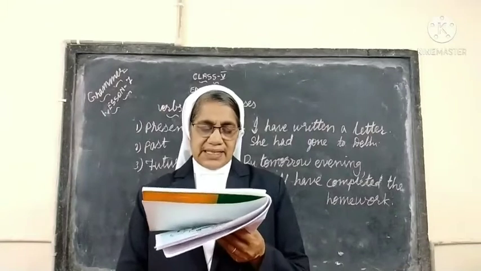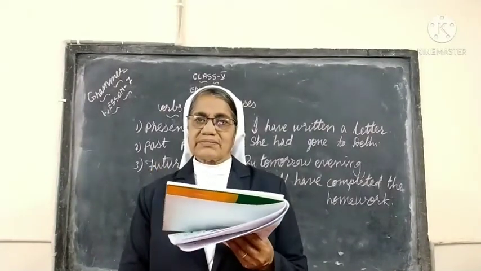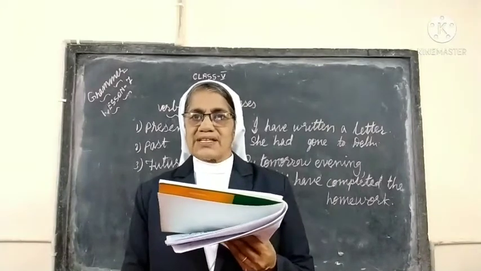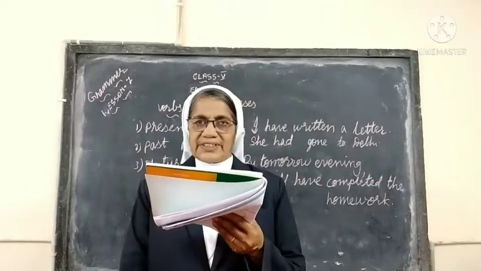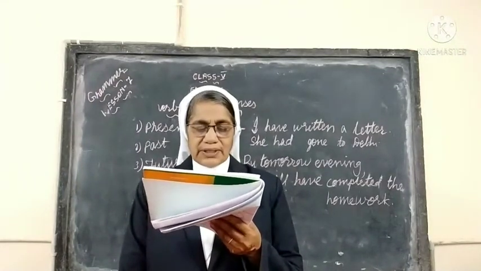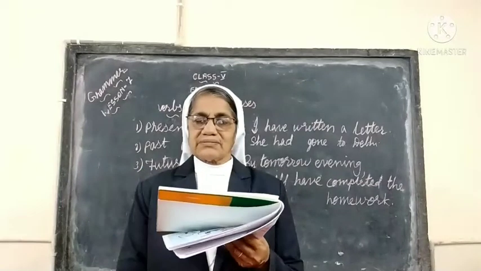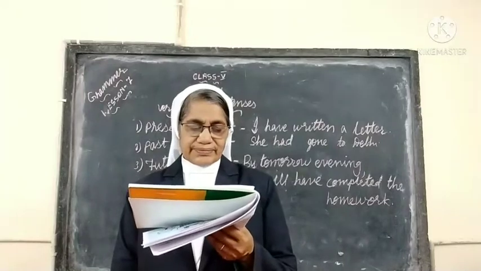Second sentence. The sun has gone behind the clouds. It's so easy, students. You should use not after has. The sun has not gone behind the clouds. And make a question now.